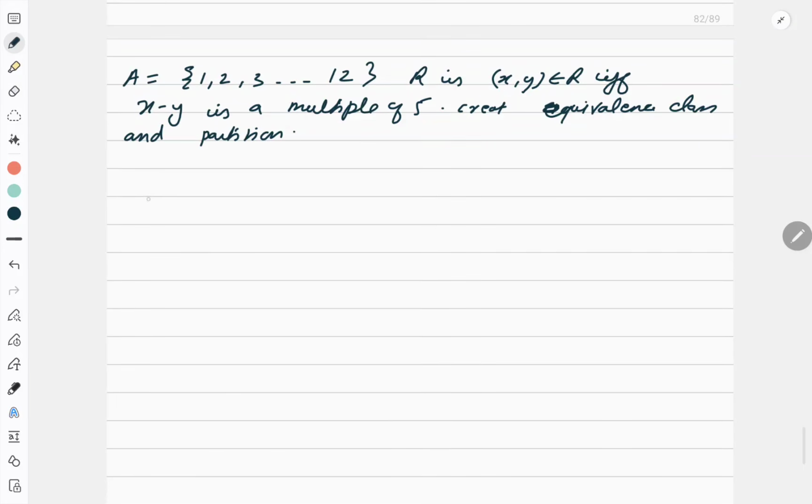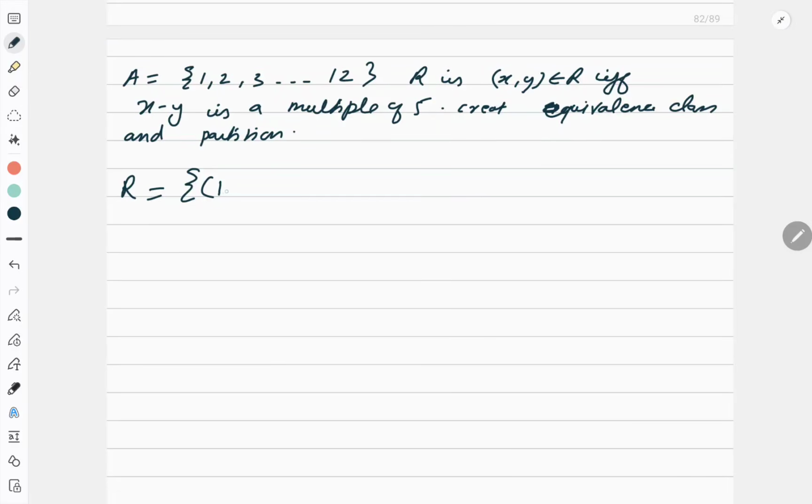Now, when you are creating the equivalence classes, if you want to write down all the terms of the relation, it's your choice. You can definitely write them down. And what type of terms will come here? My concept is x minus y is a multiple of 5.